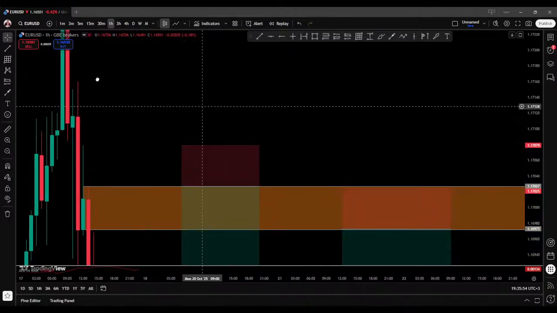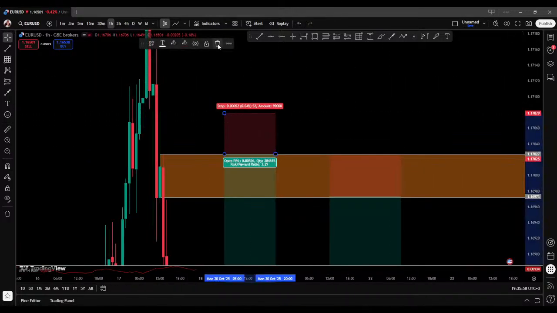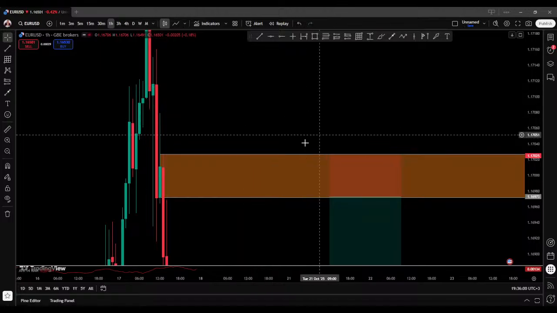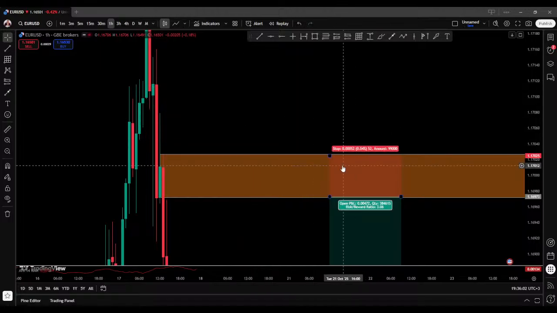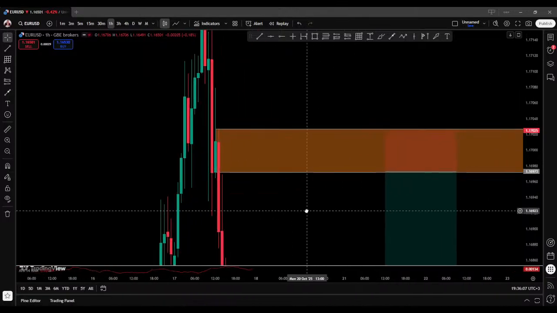There. Okay, don't forget that. Put that in mind. I can see you are seeing it. So we need to refine this entry so that we have fewer pips for stop loss.